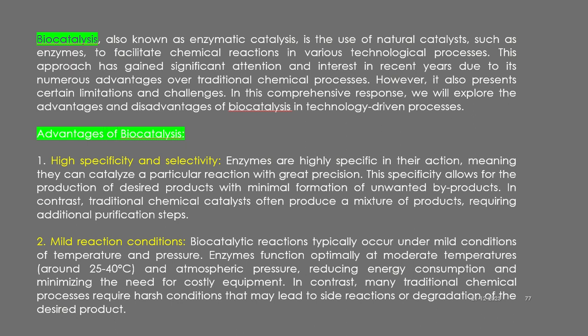Whereas in a traditional system, the process will produce a mixture of products. When a mixture of products is produced, it requires certain purification steps to get the desired product.